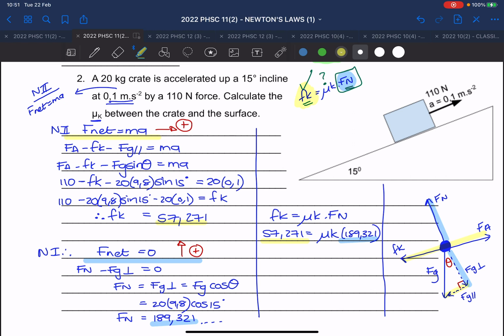Okay, so I just took the formula and I put in my values.